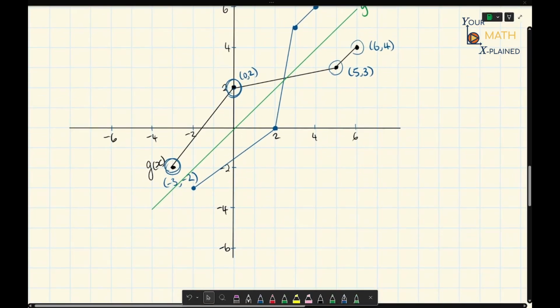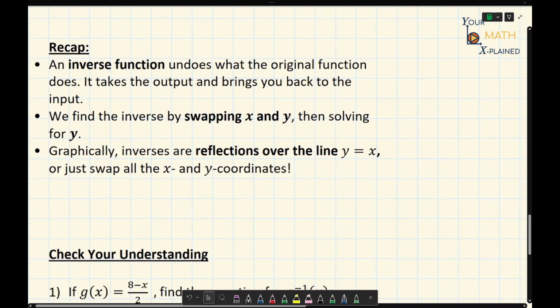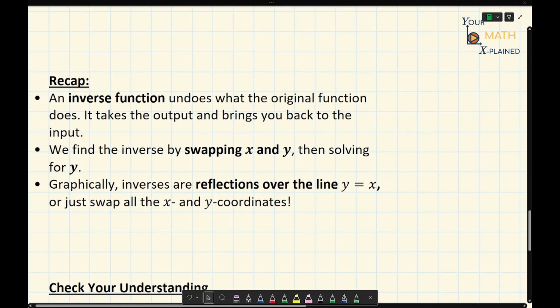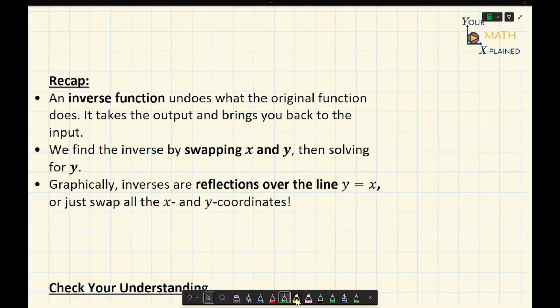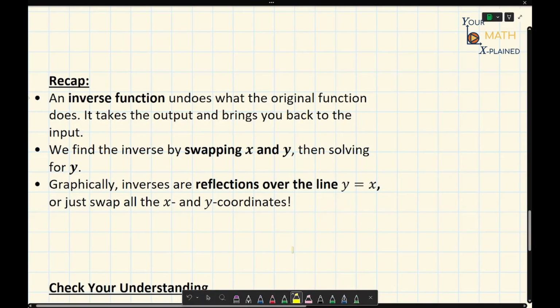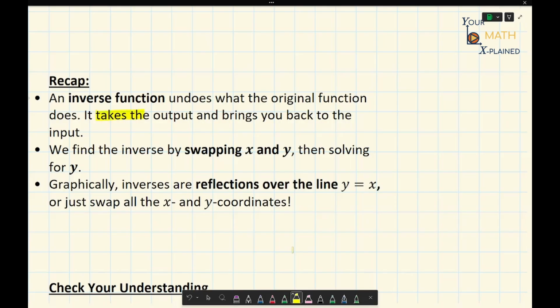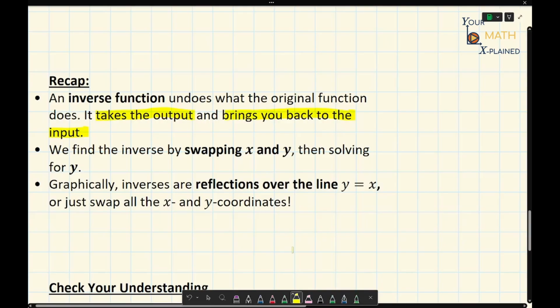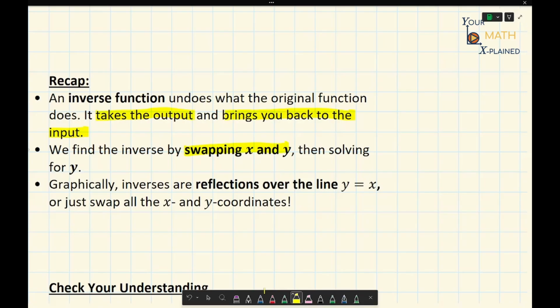So now let's do a recap of everything that we have just learned. An inverse function undoes what the original function does. So it takes the output and brings you back to the original input. And to find the inverse when you're given an equation, the steps are to first swap your x and y, and then solve for y.